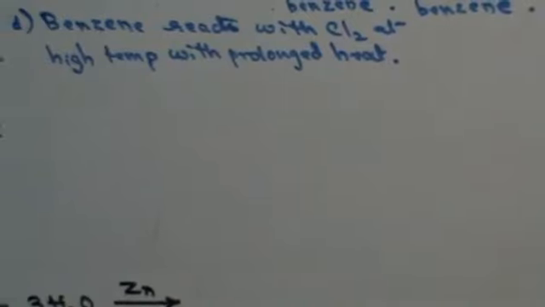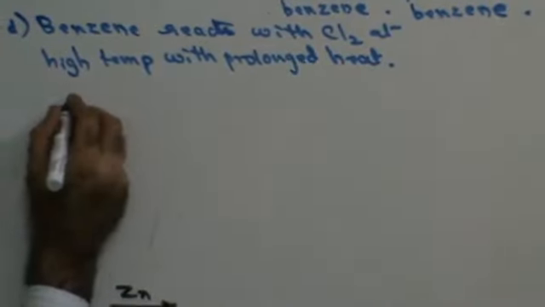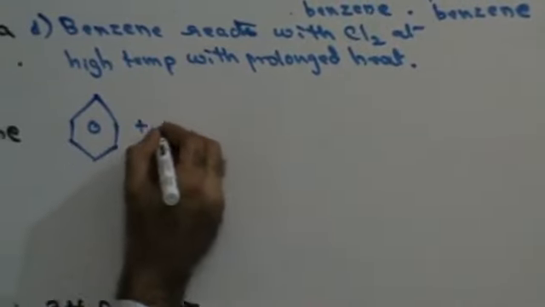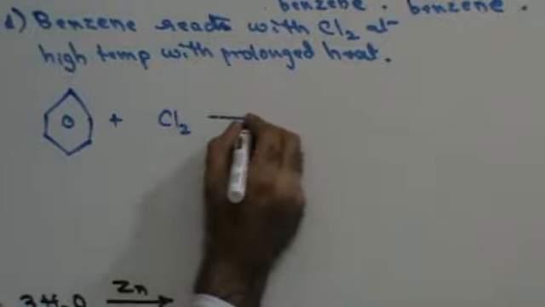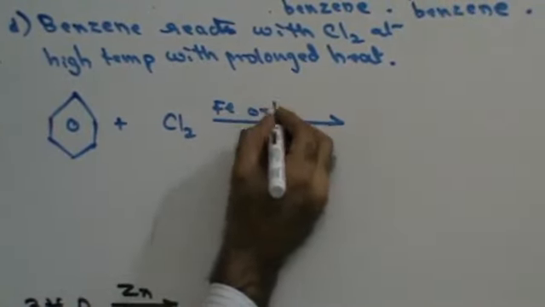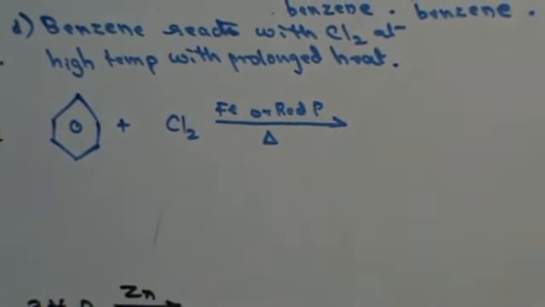If I heat the reaction for a very long time, let's see what would happen. If I have benzene, that's my benzene, reacts with chlorine, my catalyst would still remain the same, iron or red phosphorus. I'm going to heat this for a very long interval of time.